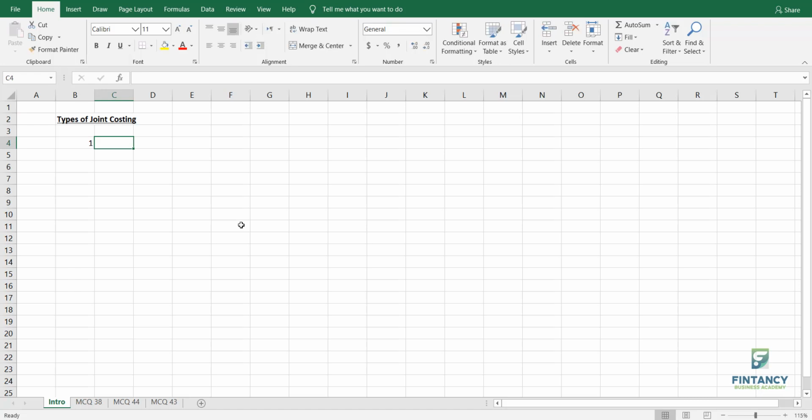Number one method for joint costing is called physical output method, right? Number two method is called sales value at split off point method. And the third method is called net realizable value method.